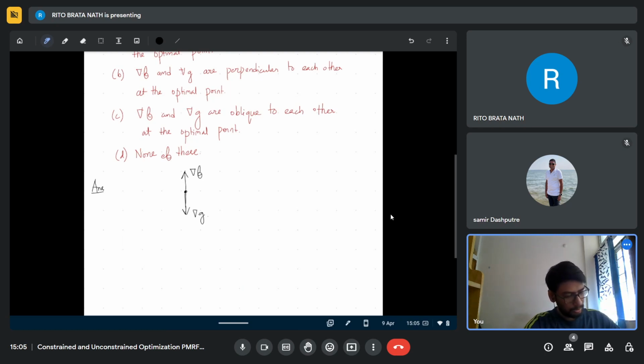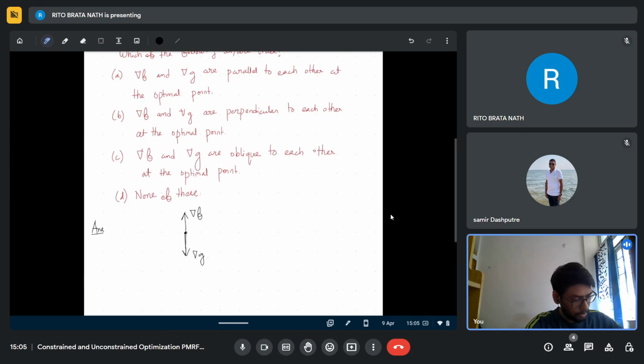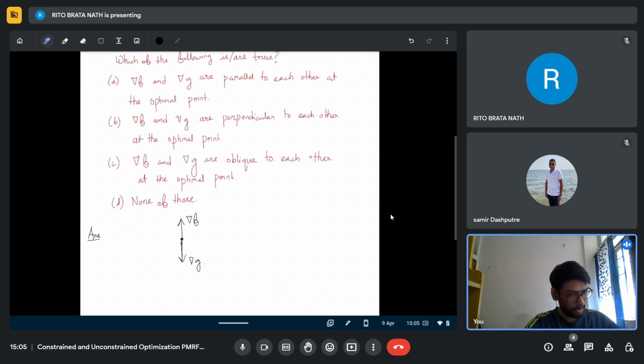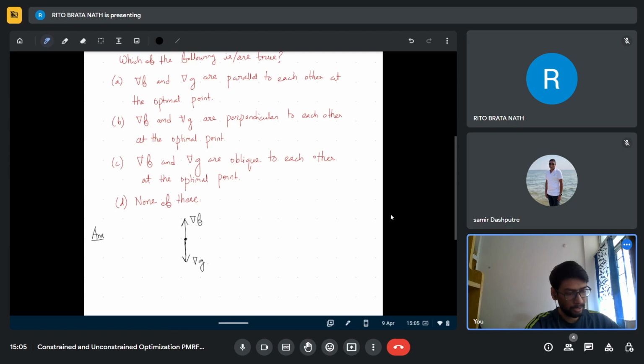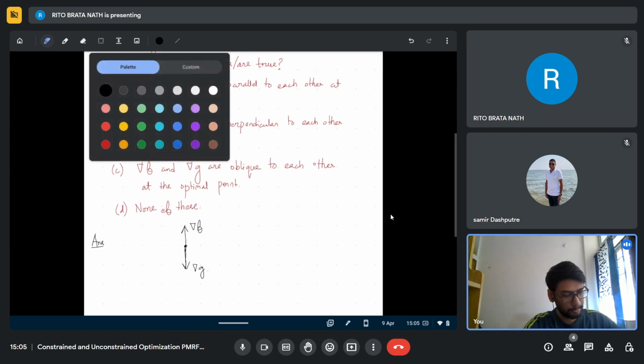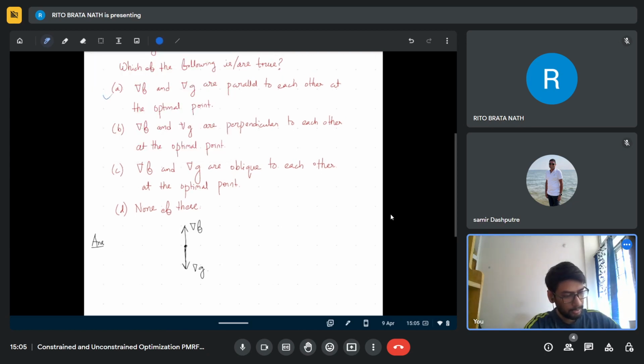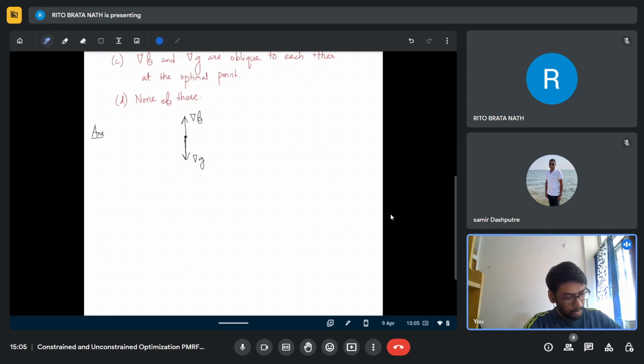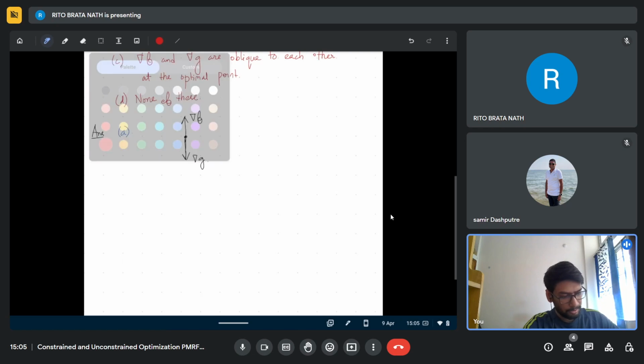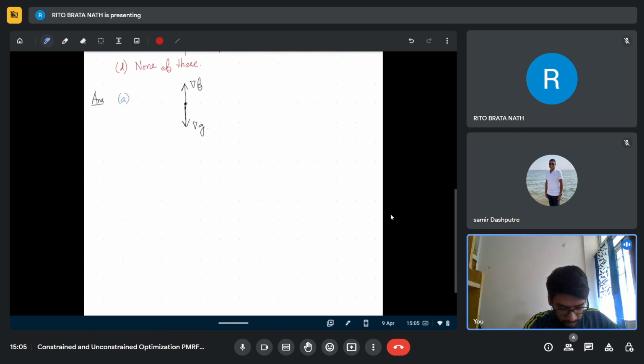So they should be opposite to each other, and if they are opposite, that means they are also parallel to each other. So option A will be the correct answer here. So the answer is A. Let me move on to the second problem. Not much to discuss in this first one, because it has been discussed in the class, I think.